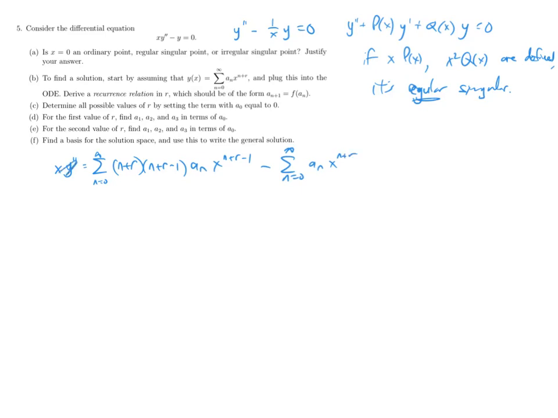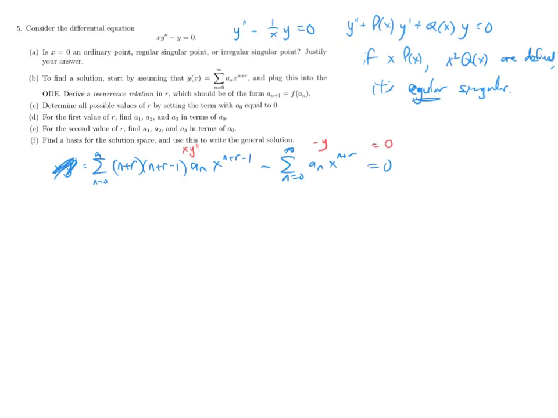So basically I'm plugging this back in: this thing here is x y double prime, this thing here is minus y, and I'm going to set that equal to 0.